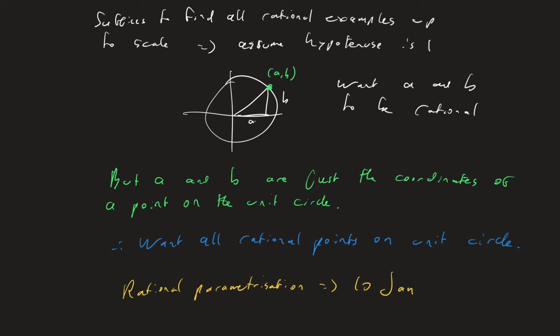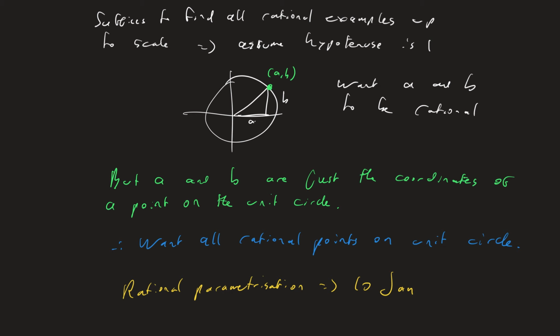The 2 problems are equivalent. Finding all right angle triangles with rational side lengths up to scale is identical to the problem of finding all points on the unit circle with rational coordinates.